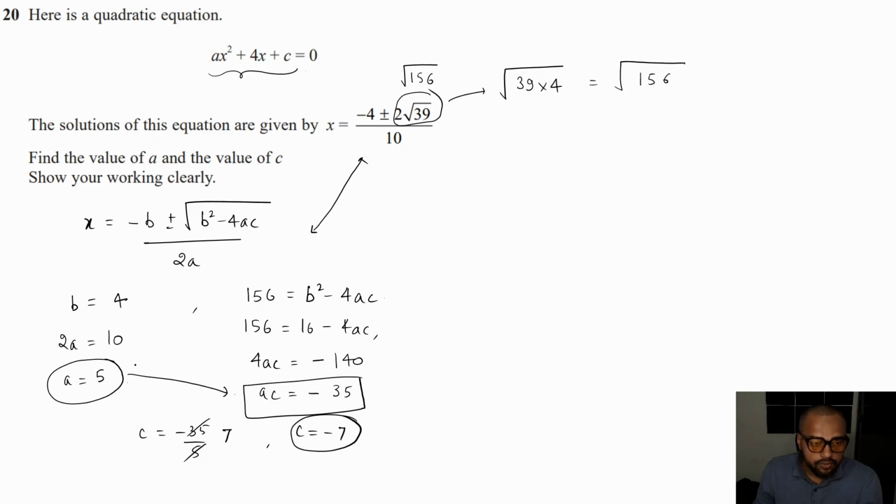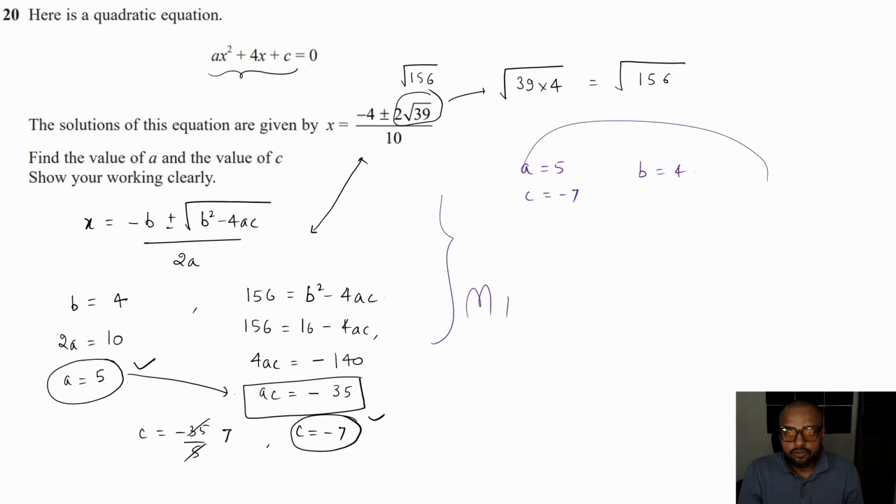Okay, students, so a is 5 and c is negative 7. So the solution for this question is a is 5, c is negative 7, and b we have calculated as 4. We just need to compare the two equations. Again, same process: for this you will be scoring M1, and for this accuracy part you will be scoring A1.